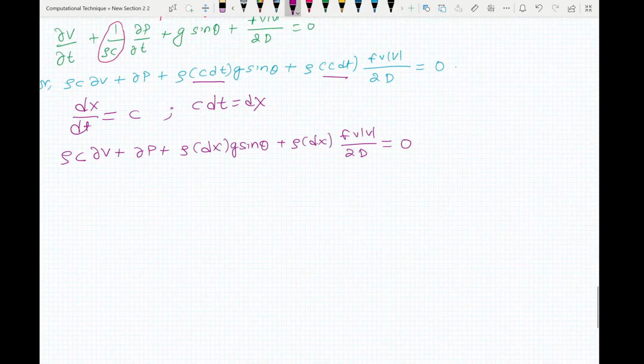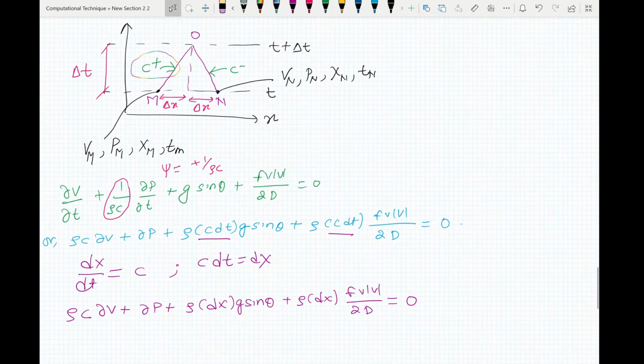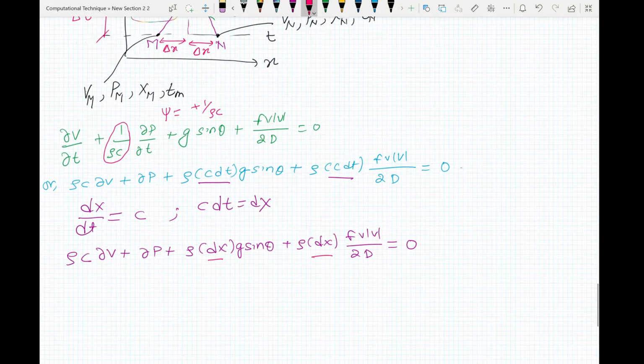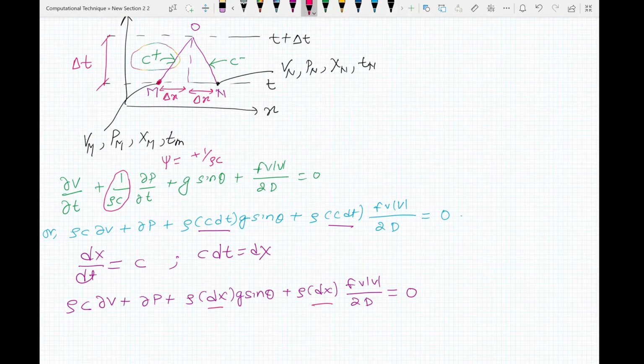now what you can do here is you can integrate this equation, which is in terms of x, from here to here, which is at a distance of del x.